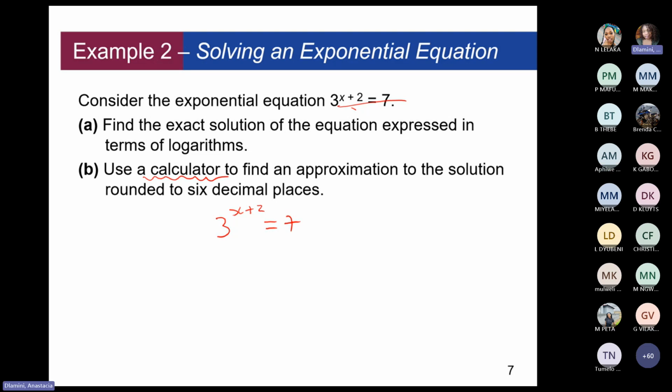I really have an issue with both parts. Ma'am, I don't think we can use ln because we're talking about exponential functions, or is it an exponential equation, I don't know.